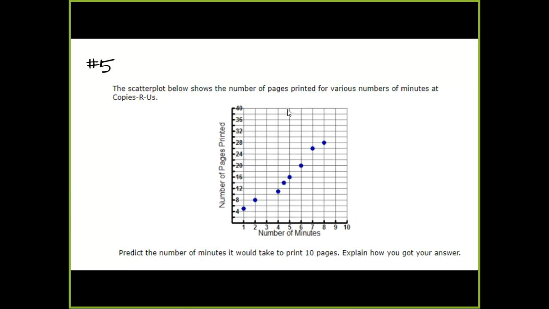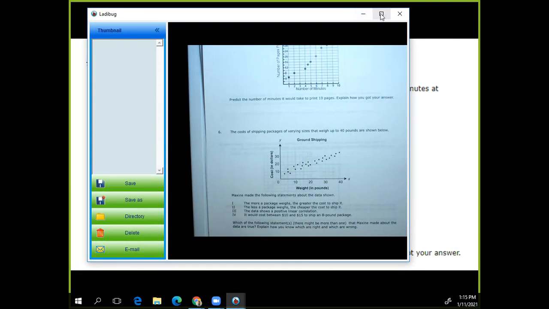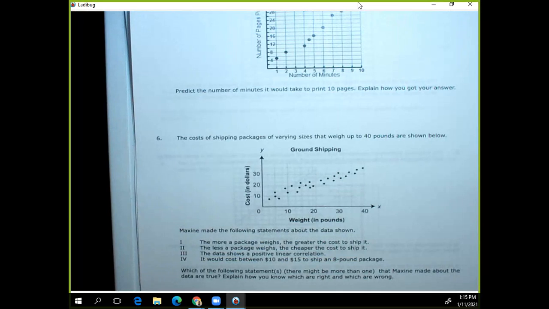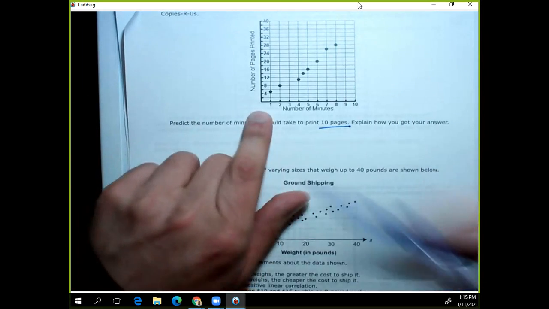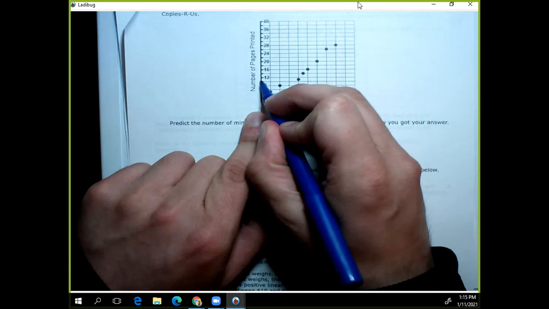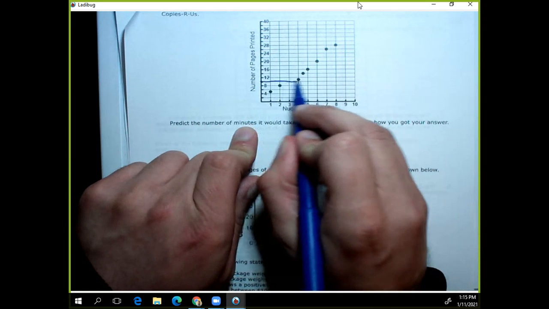So let's pull up the document camera. So 10 pages is right here, so about right here. So that means we're going to draw our line. This time it's going to be horizontal.